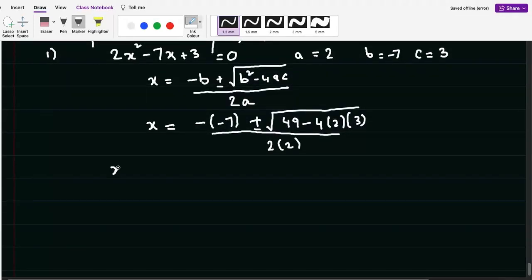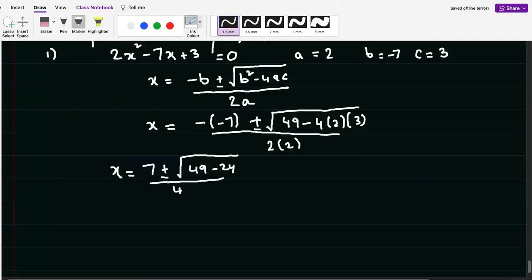So x equals plus 7 plus or minus under root 49 minus 24, 4 threes are 12, 12 twos are 24, correct, whole divided by 4.